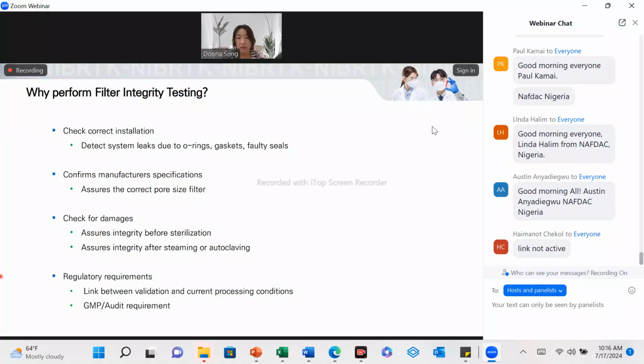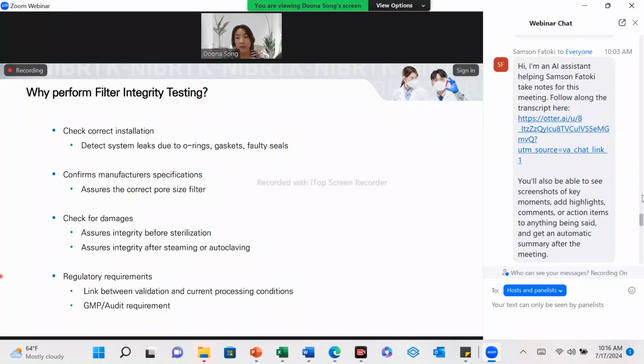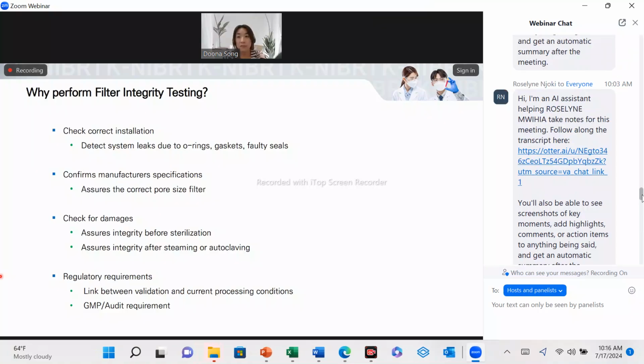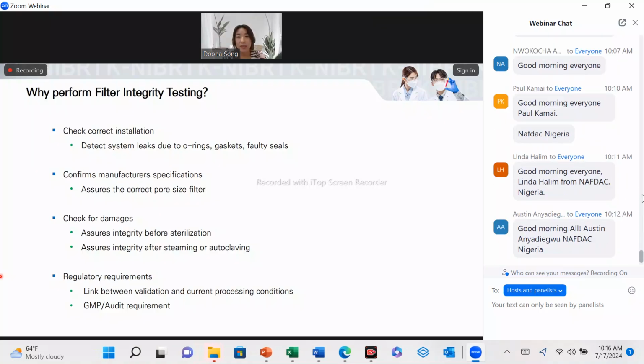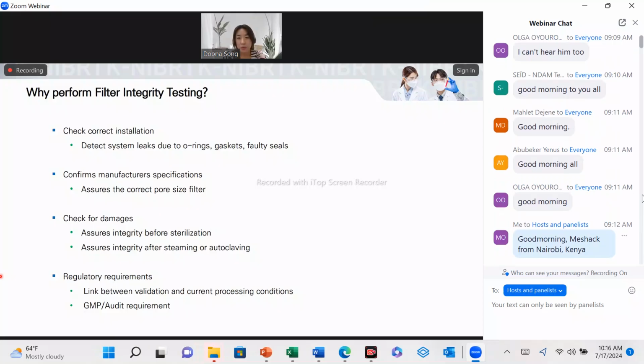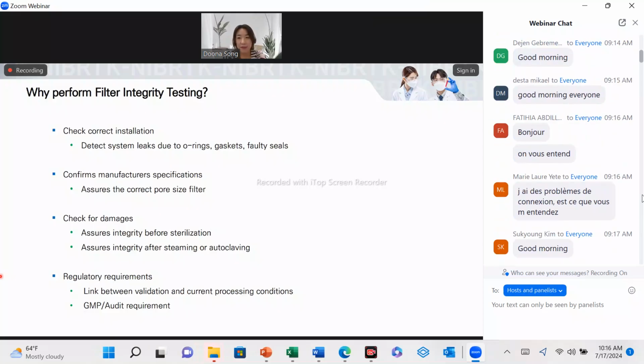So filter integrity testing is crucial for ensuring proper installation and verifying the right pore size, right specification, and checking for damage and meeting regulatory standards. It's a key step to ensure our processes are safe and effective.